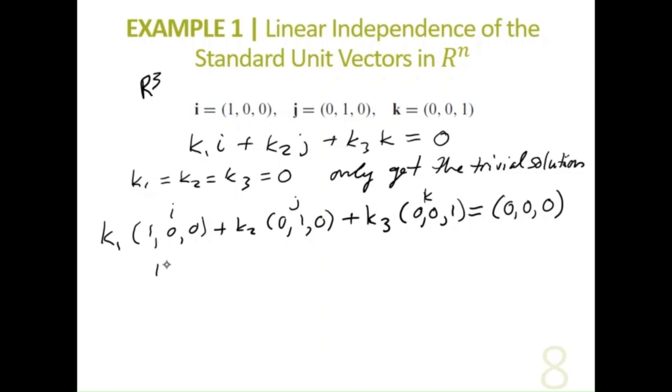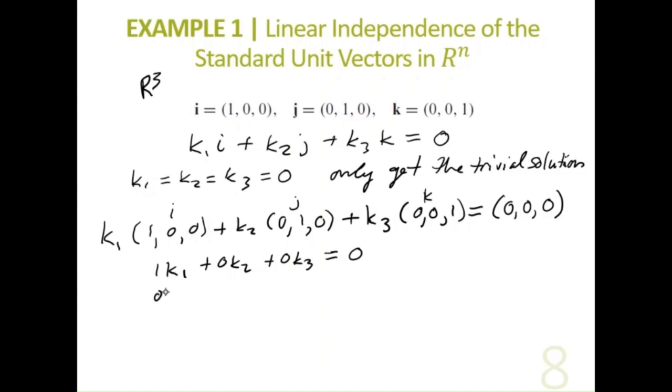So we'd have 1k1 plus 0k2 plus 0k3 equals 0. I got that from 1 times k1, that's this term, then 0 times k2, this term, and 0 times k3, this term. We take the first component of the solution. So we're basically getting our homogeneous system of linear equations using these standard unit vectors and the solution of 0.